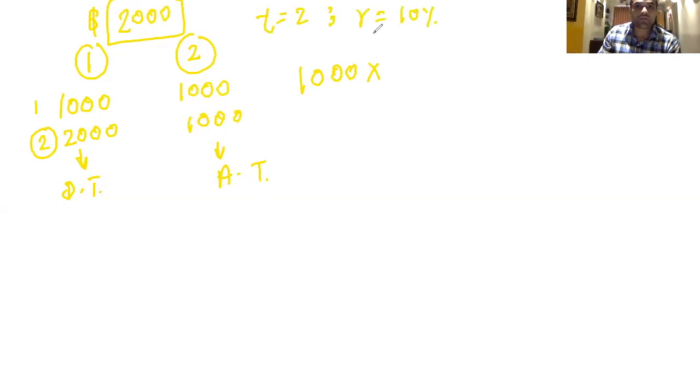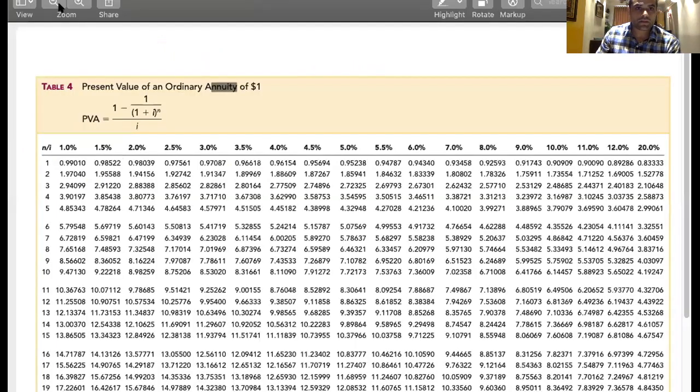So now we will go to the table to find 10%, T is 2, and annuity table. So here is the annuity table. You can see this is the row. So time is 2 and R is 10, which means 1.73554.